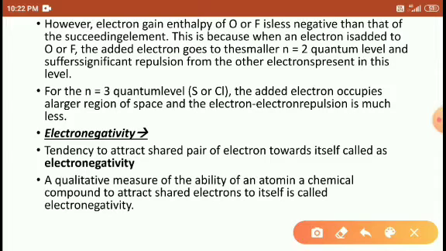Chemical bonds are attained through attraction, that is, covalent bond attractions or ionic attractions.